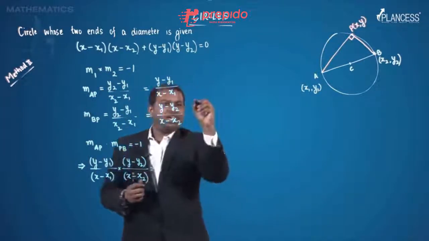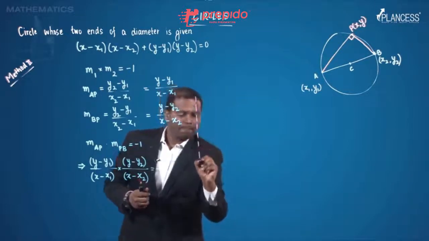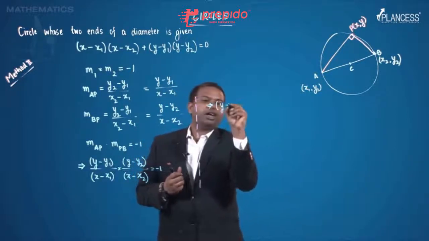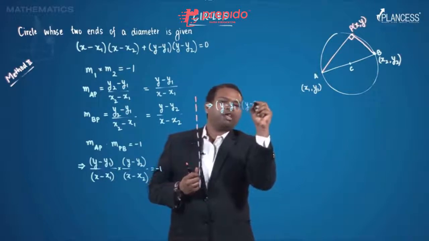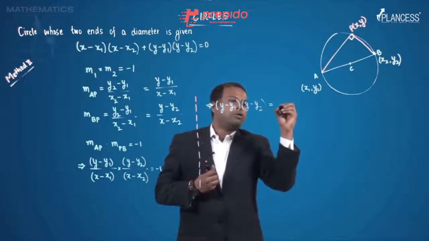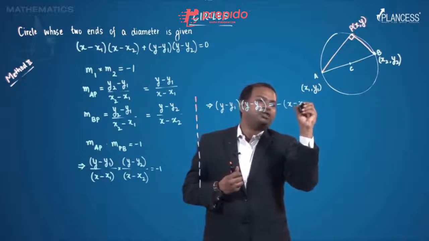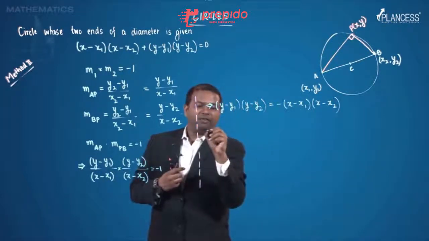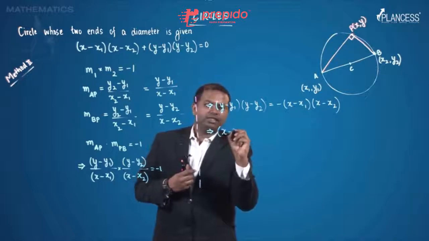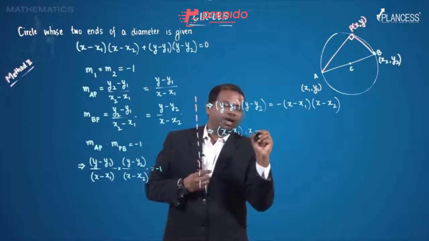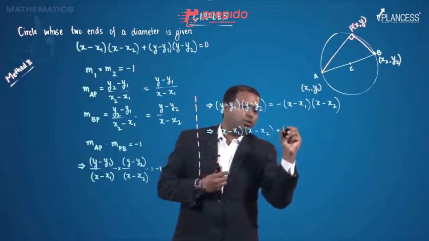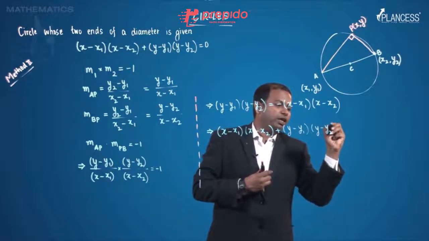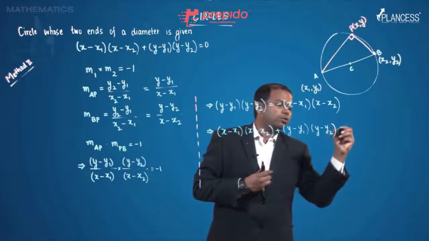So if we just rearrange them, what we have is y minus y1 into y minus y2 is equal to minus of x minus x1 times x minus x2, and if we take this term to the left hand side, we get x minus x1 into x minus x2 plus y minus y1 into y minus y2 equal to 0.